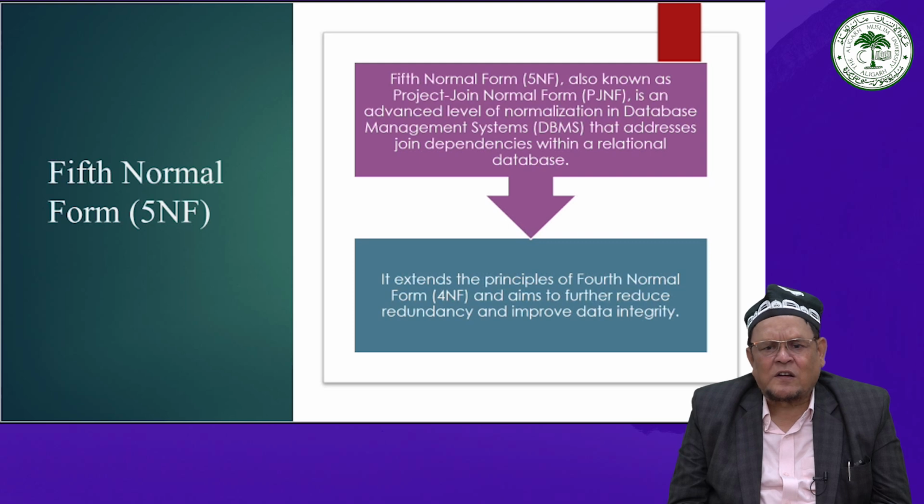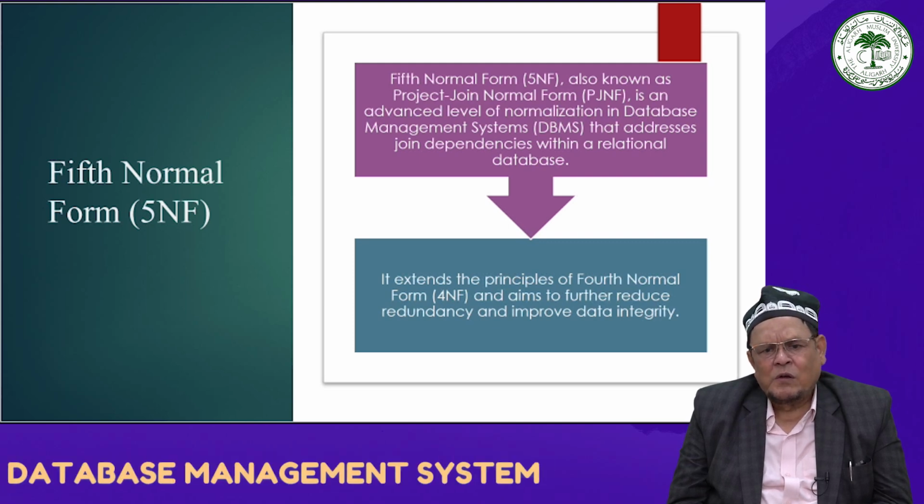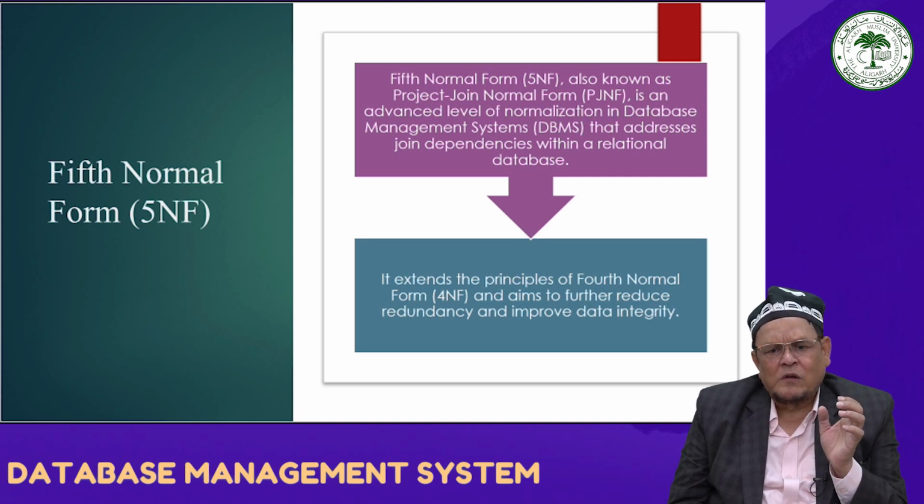Join dependencies occur when the value of certain attributes in one table are dependent on the value of attributes in another table. Fifth normal form aims to eliminate such dependencies by decomposing tables into smaller, more granular tables, each representing a distinct entity relationship.